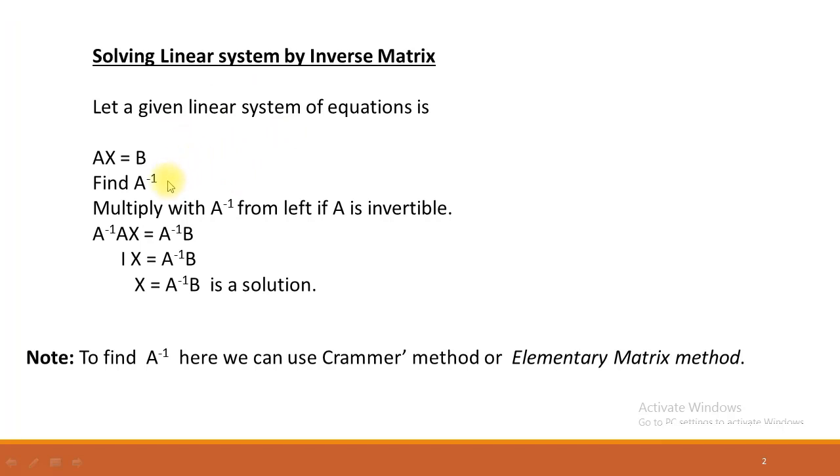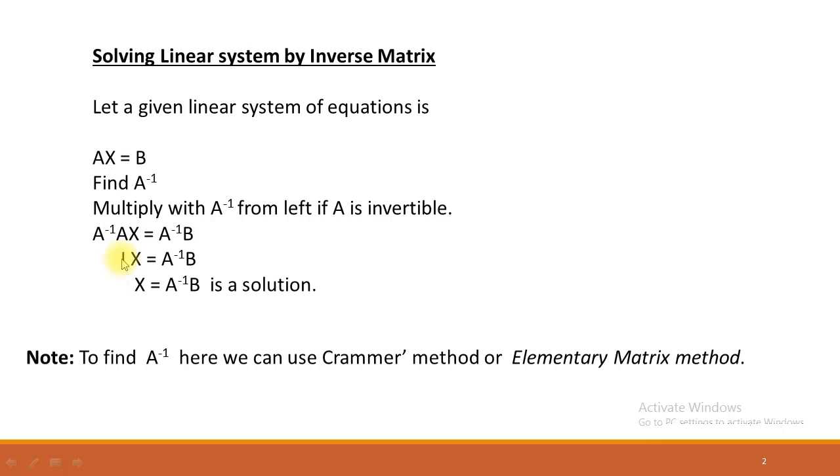By using the inverse matrix, first of all, we multiply the inverse of the matrix A from the left, if matrix A is invertible. Then we obtain A inverse times A times X is equal to A inverse times B. From the definition of the multiplicative inverse of matrix A, we know that A inverse A is equal to identity.